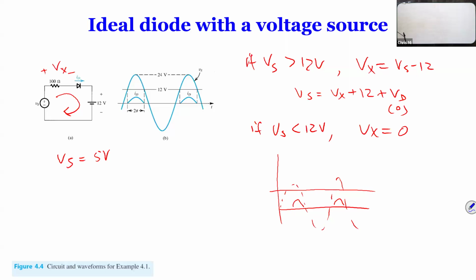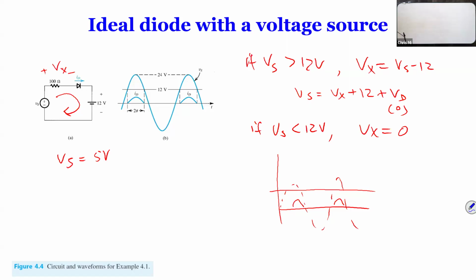Then the voltage on the left hand side of the diode is 5, and on the right hand side it's 12. So 5 minus 12 is less than 0, so this diode is not conducting, which confirms your hypothesis. You start with the hypothesis that the diode is not conducting, and then you verify whether it's correct.